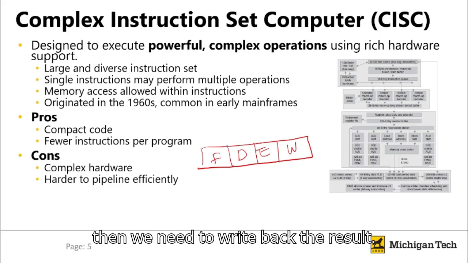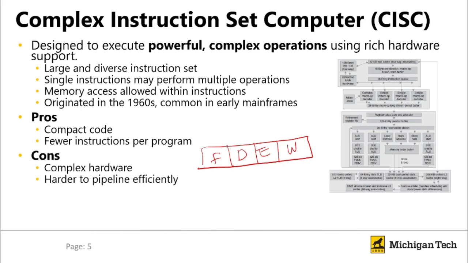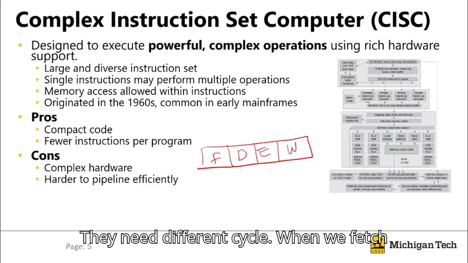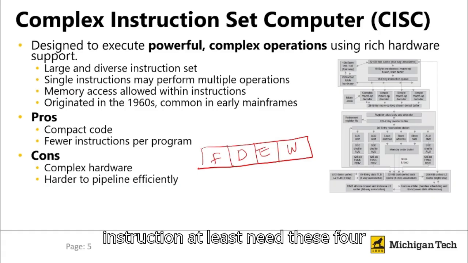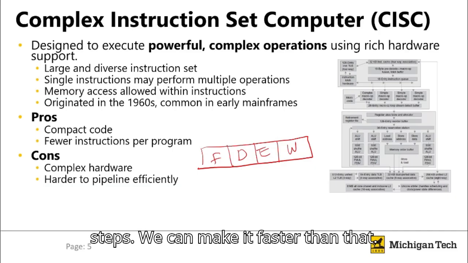Execute, and then we need to write back the result. And each of these needs one cycle, at least. They need different cycles. When we fetch it, then we can decode it. It needs to be step by step. So one instruction at least needs these 4 steps.